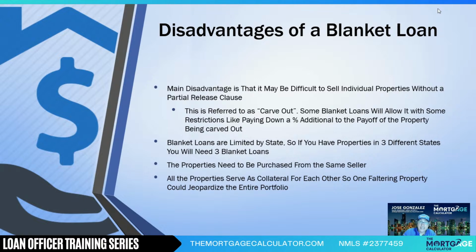Now, some blanket loans will allow it with some restrictions, like paying down a percentage additional to the payoff of the property being carved out, like rebalancing the portfolio, basically. I had one on my particular deal that didn't work out. There were like five conditions that had to be met for the borrower to be able to carve one of the properties out, including pledging additional net worth and paying down an extra 5%.